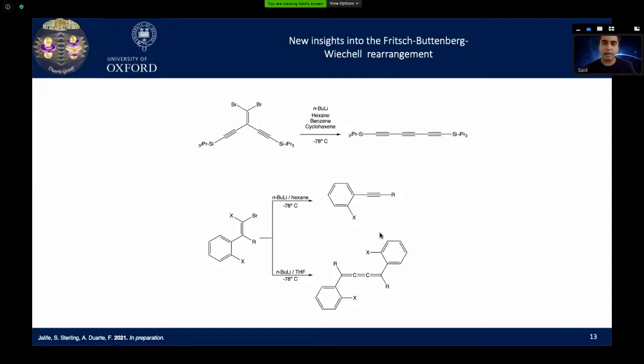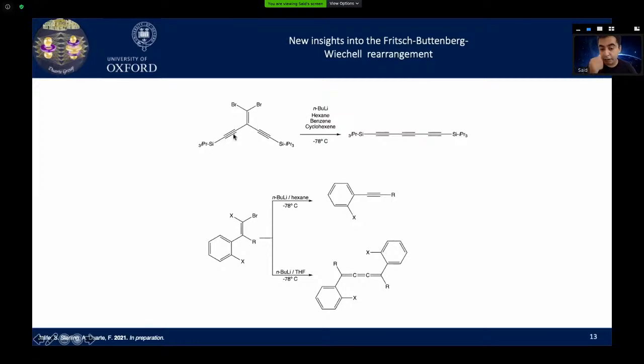We have also realized in experiments that the FBW rearrangement can be drastically affected by the type of solvent. In this case, for instance, by employing non-coordinating and non-polar solvents, we see that the FBW rearrangement can be promoted.